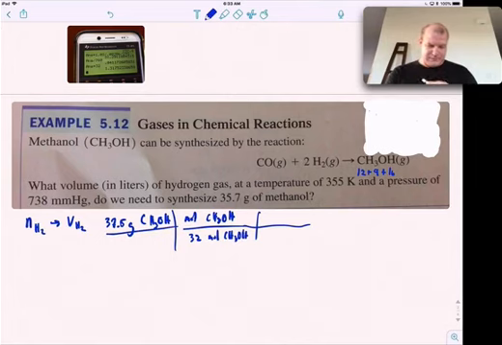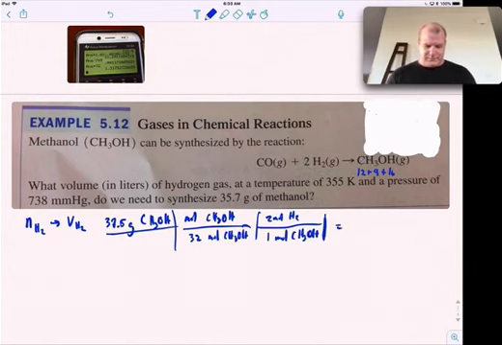Always need moles, always need a straight shot just for moles. Hydrogen, that should be easy. And then there's a conversion. You need 2 moles hydrogen to 1 mole CH3OH, and I'm getting that from the chemical equation.